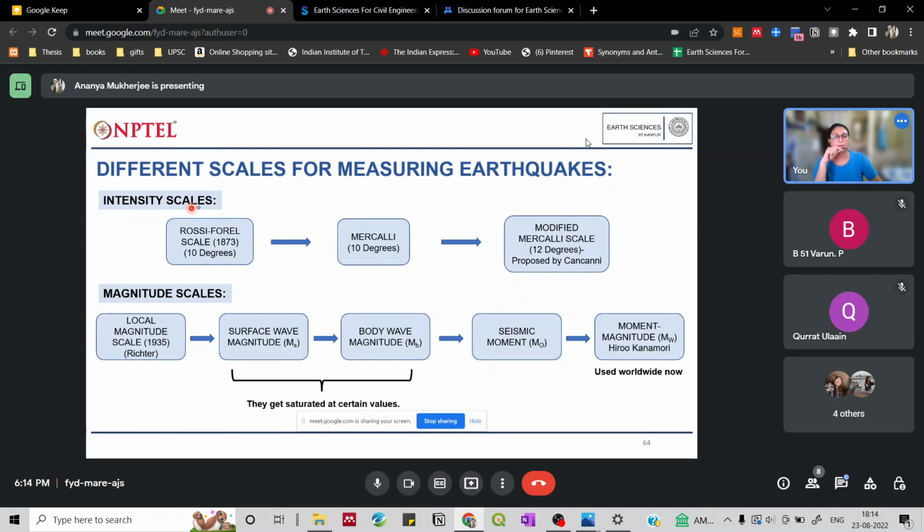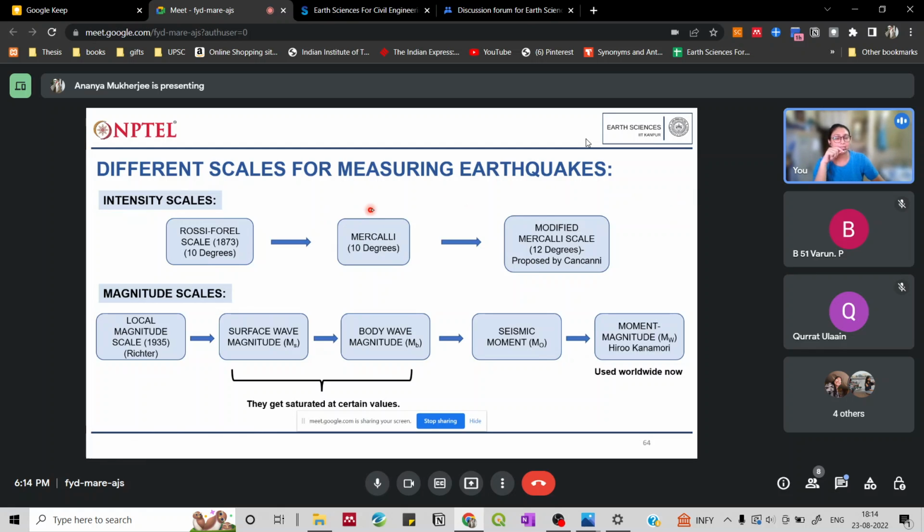But the problem with intensity is that it's based on the effects. As I mentioned before, the effects of the earthquake are much more disastrous and damaging near the epicenter, but as you go away from the epicenter, the intensity of the damage caused by the same earthquake is going to be less.